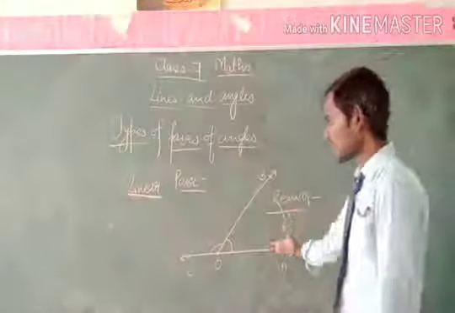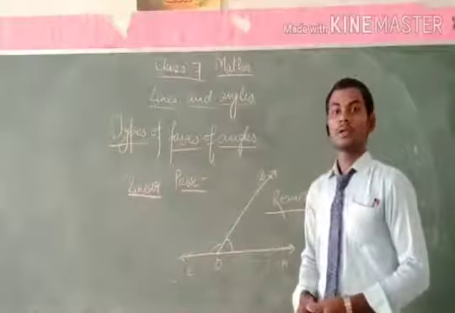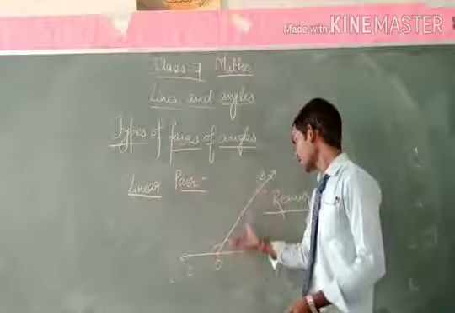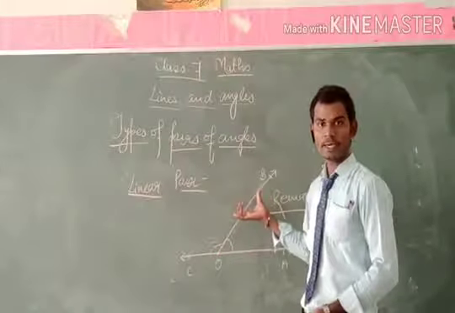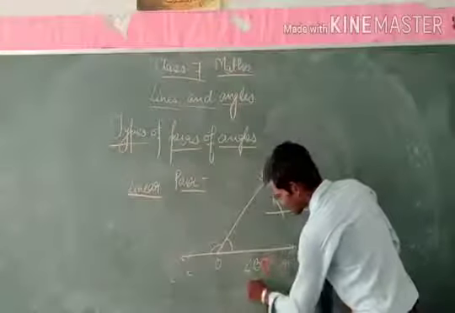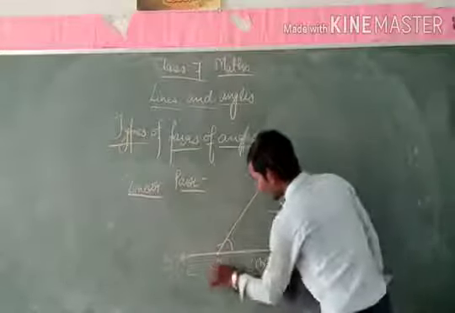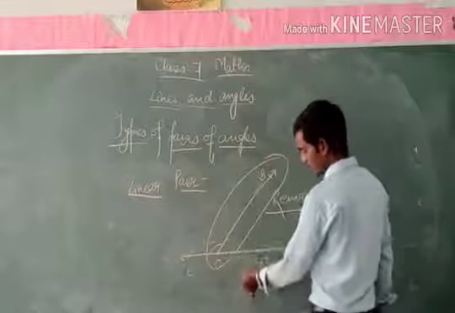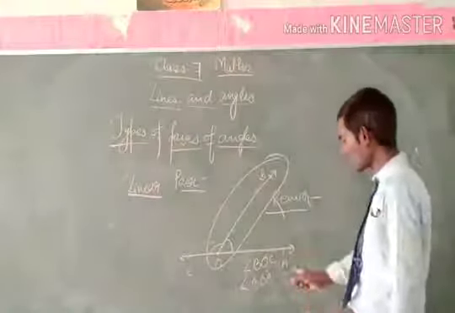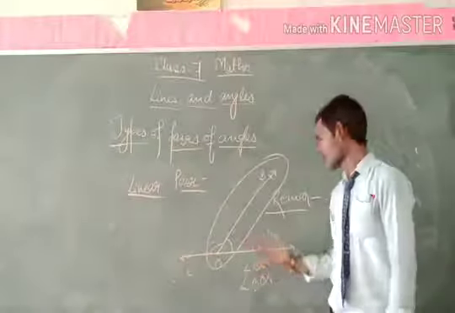Why do we say that they are adjacent? They are adjacent because the side OB is the common side for both angle BOC and angle BOA, and O is also the common vertex for both angles.